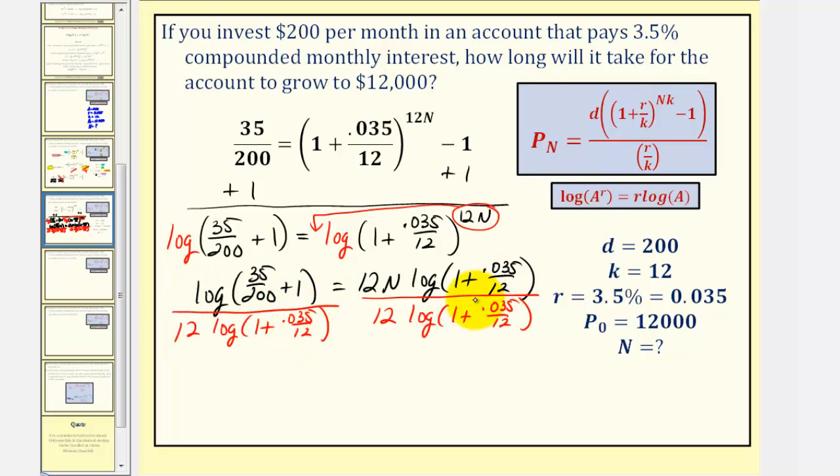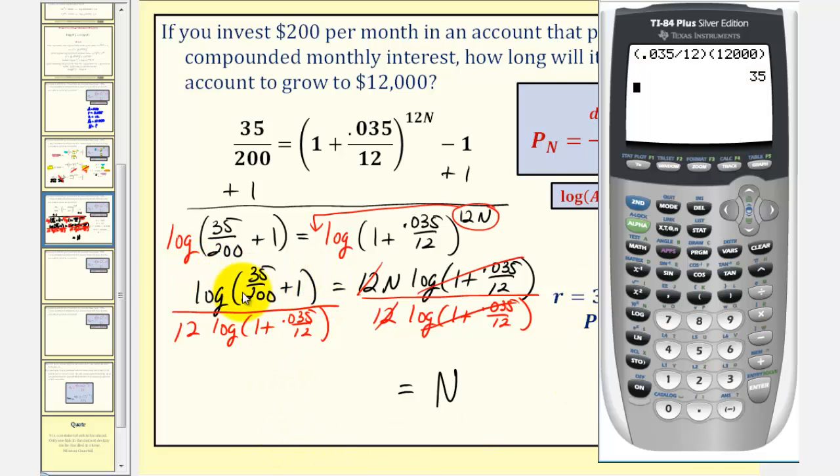Notice if we simplify the right side, 12 over 12 simplifies to 1, and these two logs are the same, so this also simplifies to 1. Now we could have converted some of this to decimals earlier, but then if we use rounded decimals to perform more calculations, our answer would not be as accurate. So now on the right side we just have n, and to evaluate the left side we'll go back to the calculator.